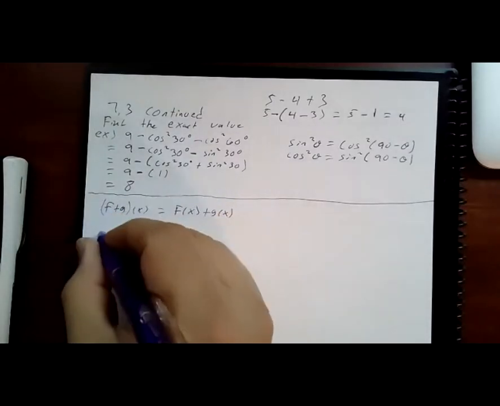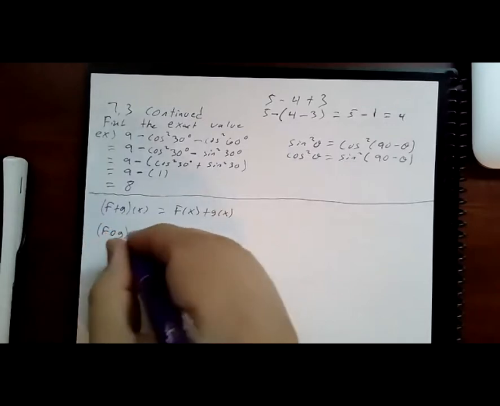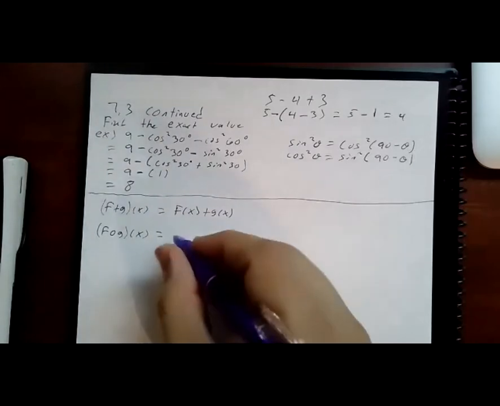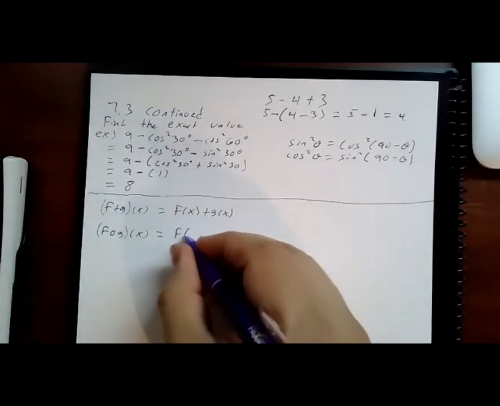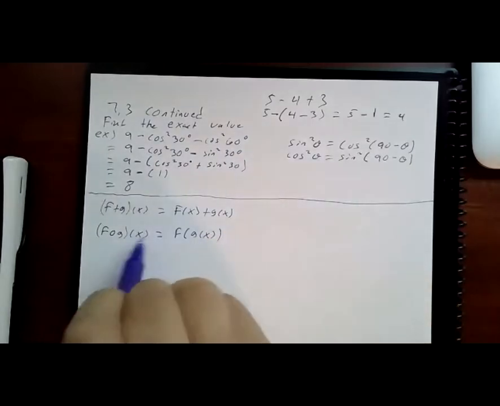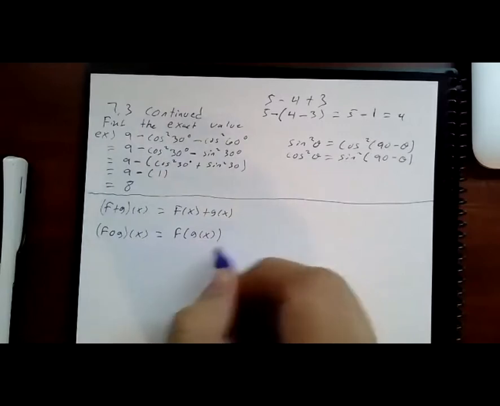The one that I do want to write more about is the composition. Do you remember f of g and g of f? That meant that f was composed with g, meaning g is inside the f function, a combination function.